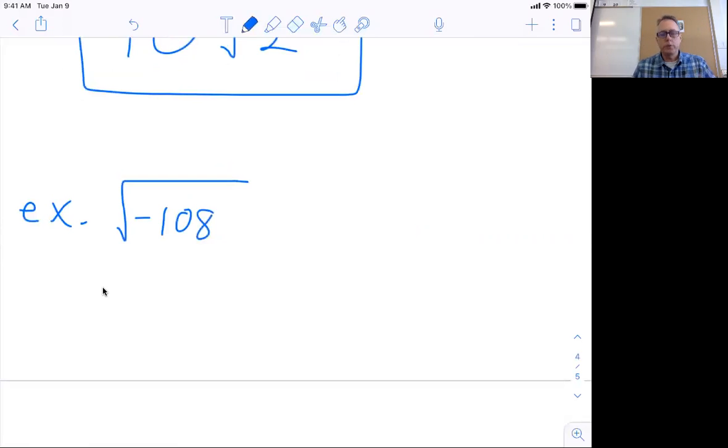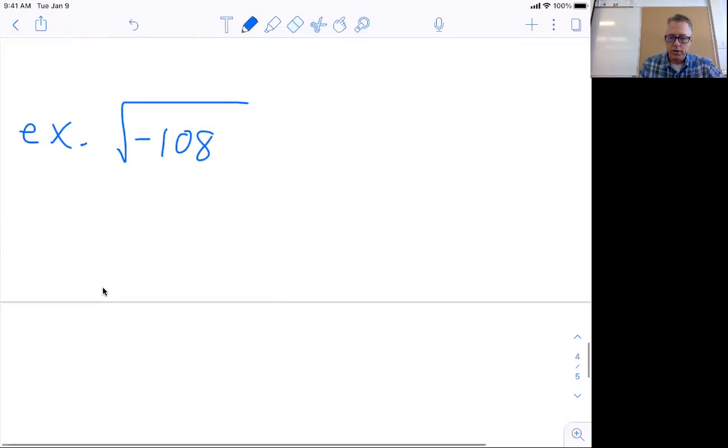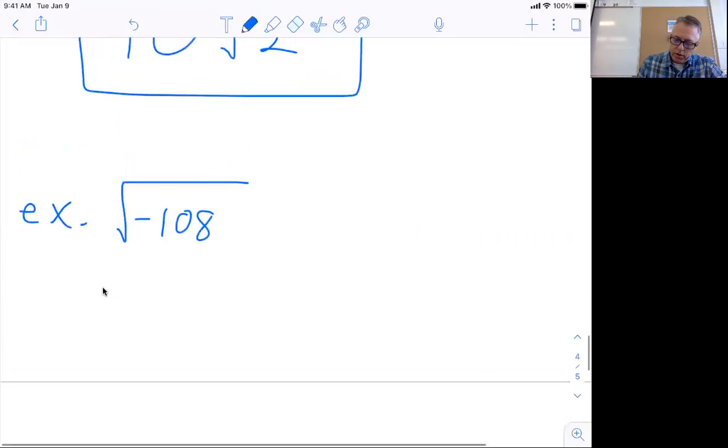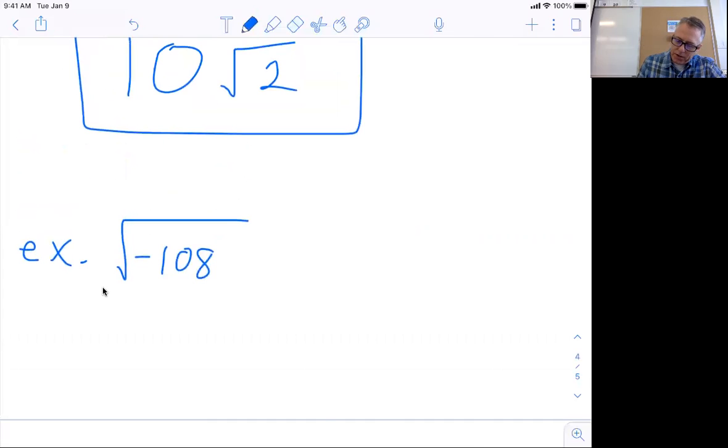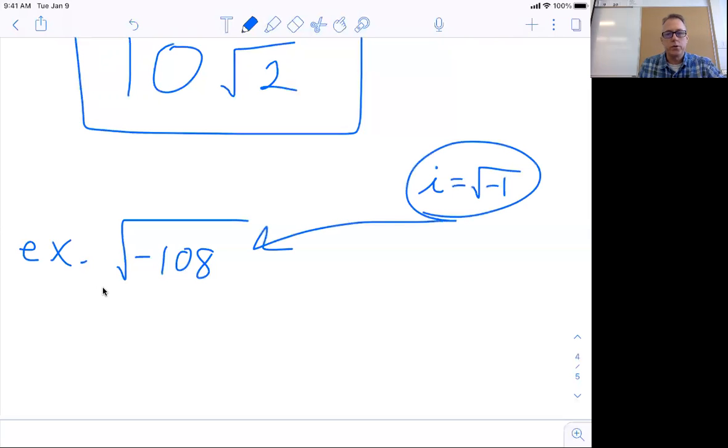There just are no real solutions. There are imaginary solutions. And so for an imaginary solution, we have this symbol i, which is the square root of negative 1. And what that little bit of information does is allows us to simplify this radical.